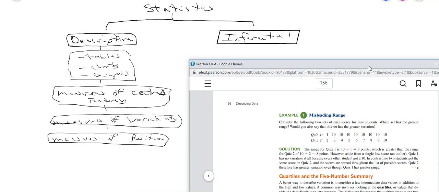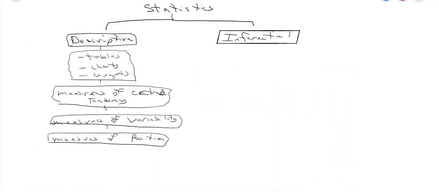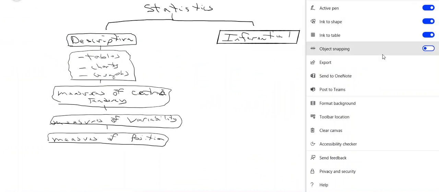Measures of position. And the most common measure of position in statistics is the percentile. Okay, that's P-E-R-C-E-N-T-I-L-E, percentile.